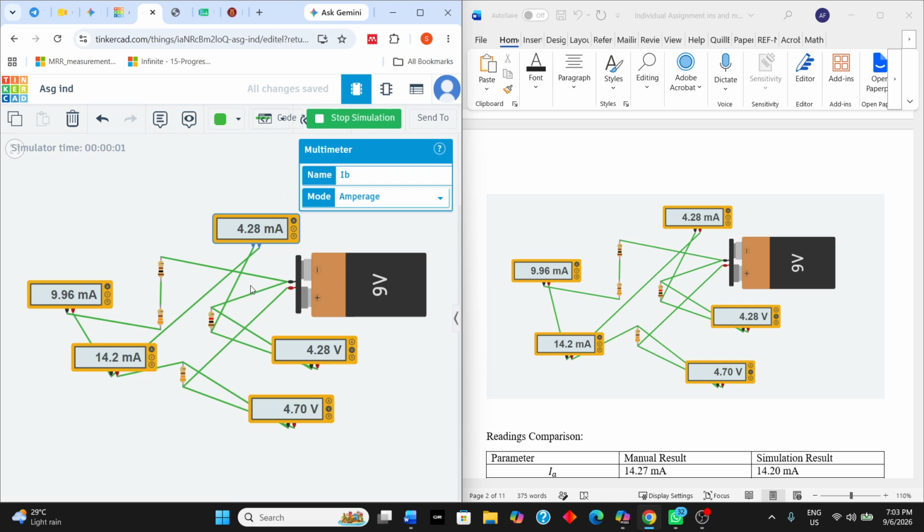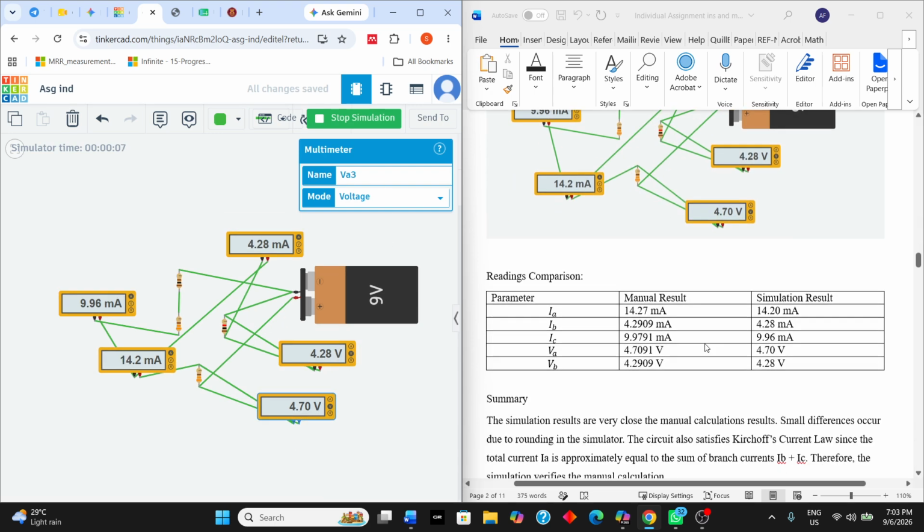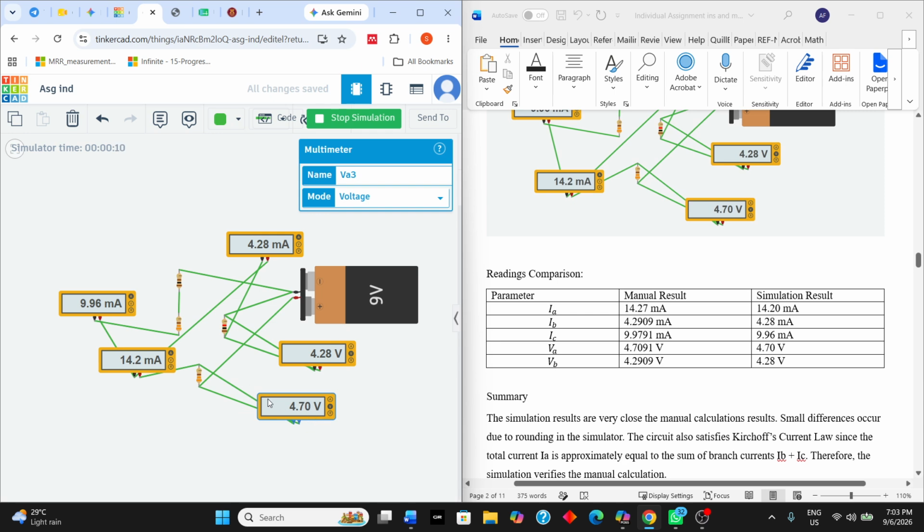As the simulation is running, we can see that our voltage A is correct. It is currently running at 4.7 volts, which is around the same as our manual result, which is good. After that, the current goes into this junction, which divides into two separate lines, the 330 ohm line and the 1K line.